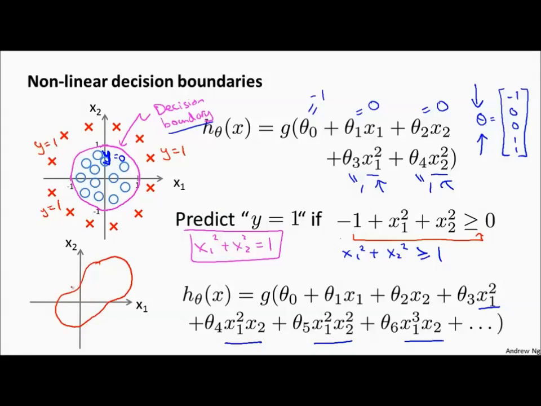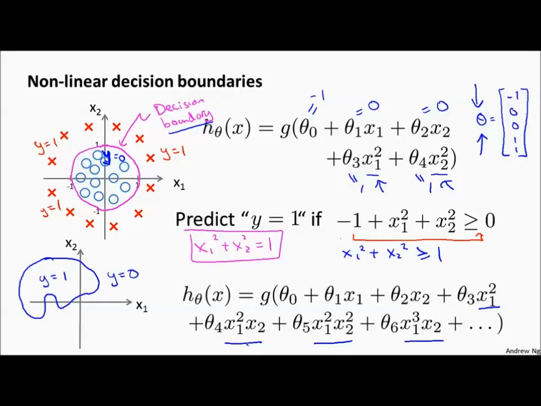Or for even more complex examples, maybe you can also get decision boundaries that could look like more complex shapes like that, where everything in here you predict y equals 1, and everything outside you predict y equals 0. So with these higher order polynomial features, you can get very complex decision boundaries.